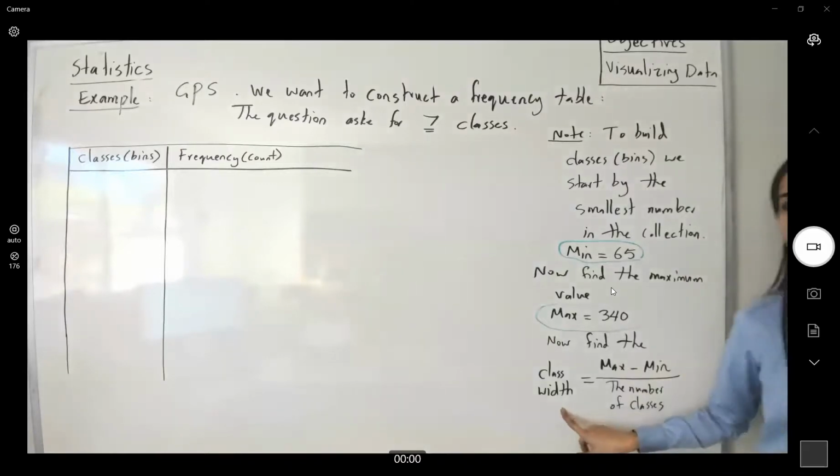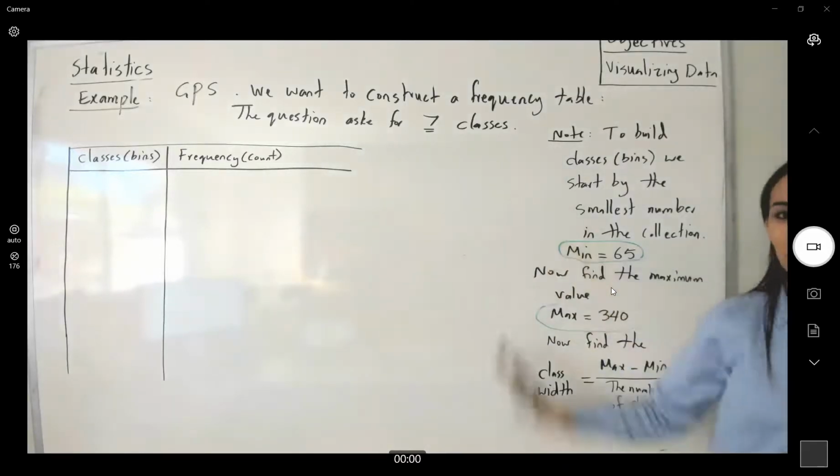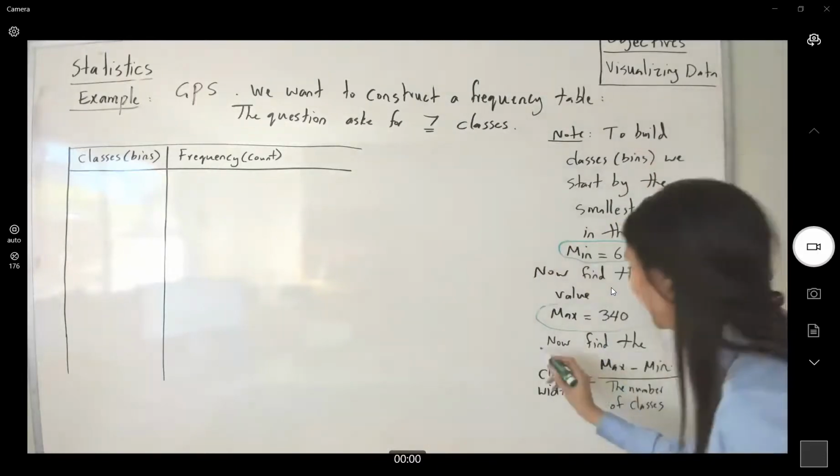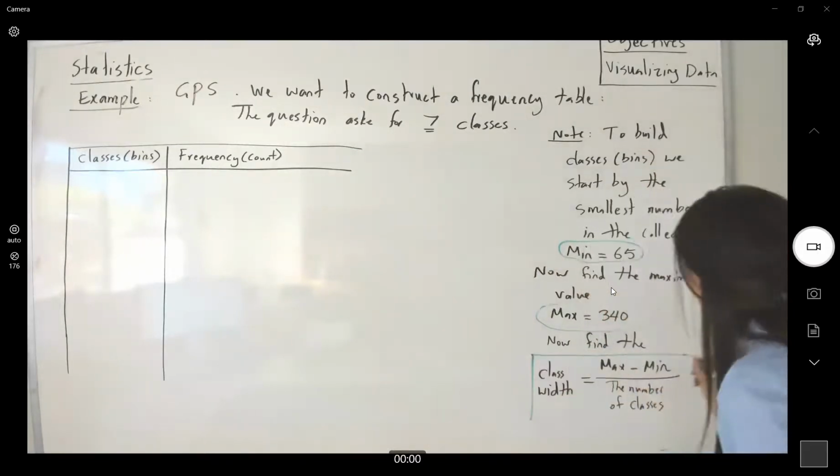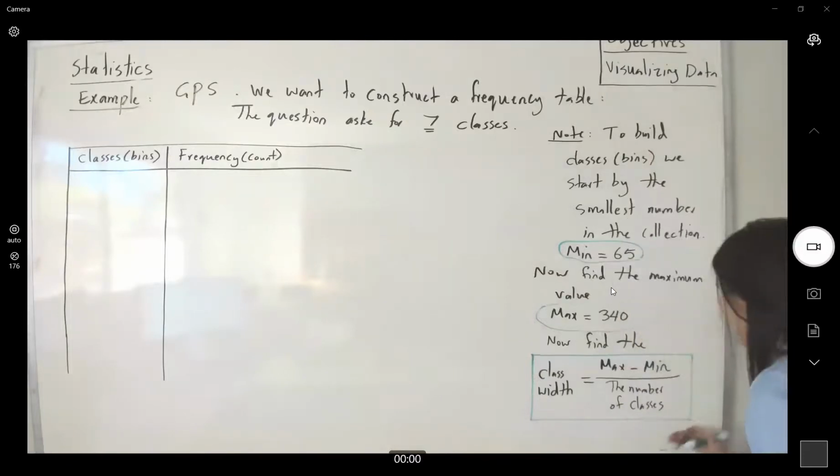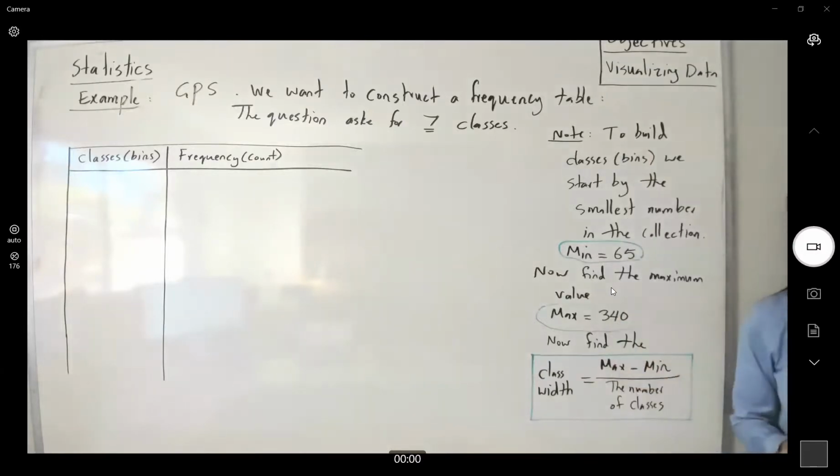So this is our very first formula that we learned in chapter 2. Class width. What is your class width?